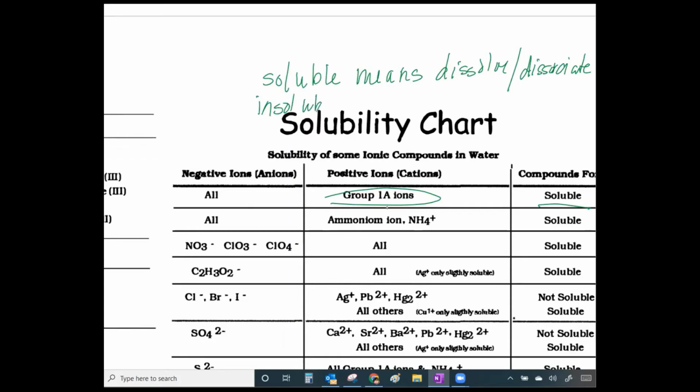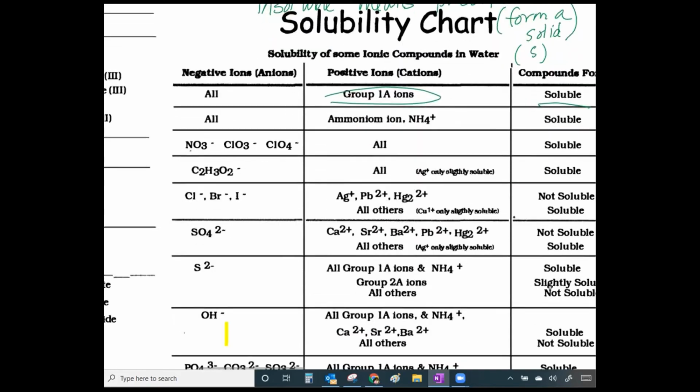Insoluble means that it will precipitate or form a solid. And we use that symbol for something that is insoluble. So sodium substances are always soluble, nitrates are always soluble, so sodium nitrate will stay dissolved.